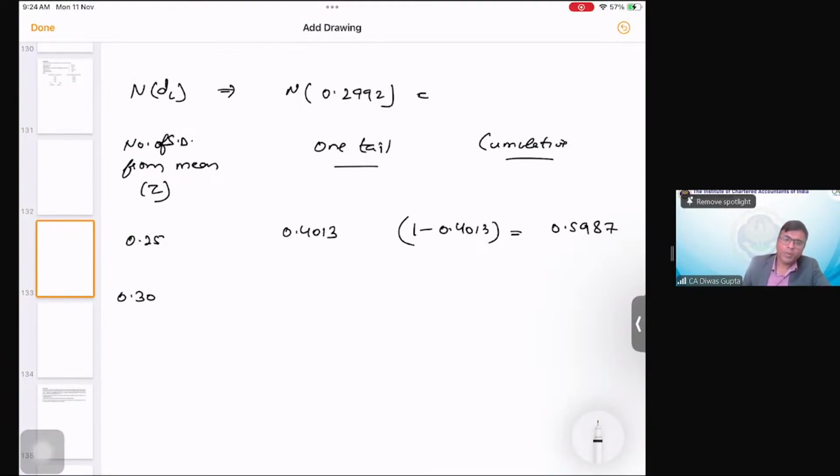The next one will be 0.30. This is 0.3821, which is 1 minus 0.3821, which will be equal to 0.6179.